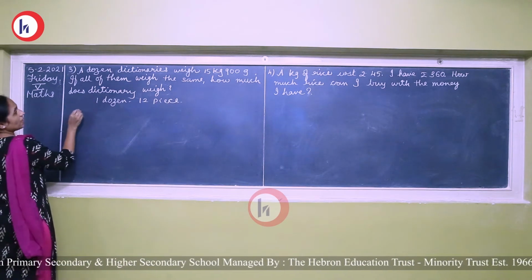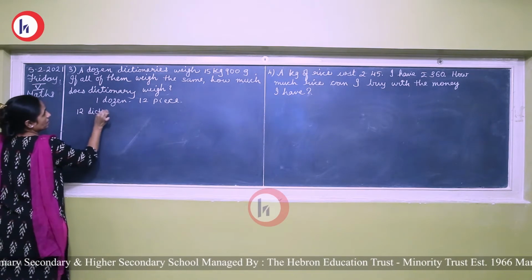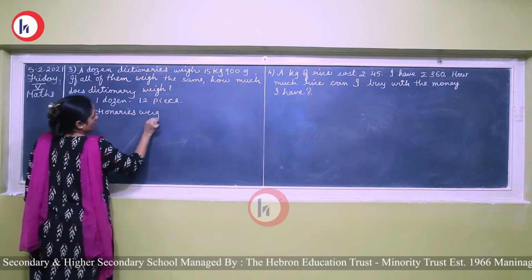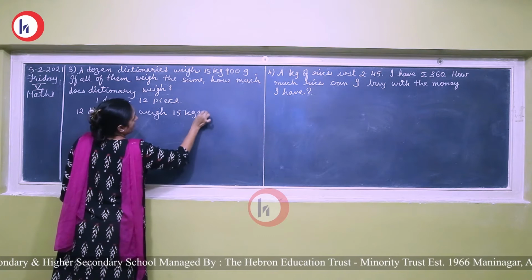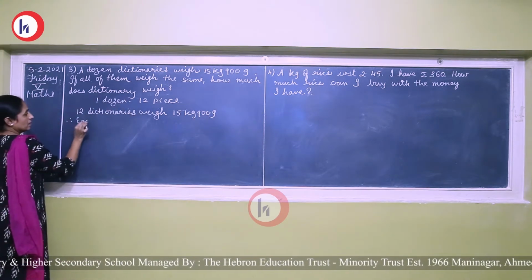So 12 dictionaries weigh 15 kilogram 900 gram. So each dictionary weight?